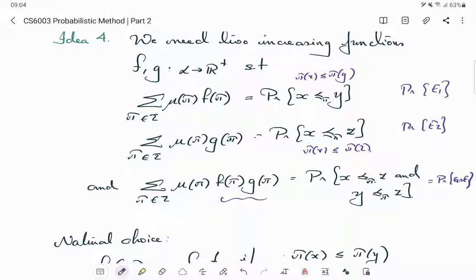But now, with some experience in working with expectations and probability, you actually know that expectation is a much more general quantity than probability itself, in the following sense.